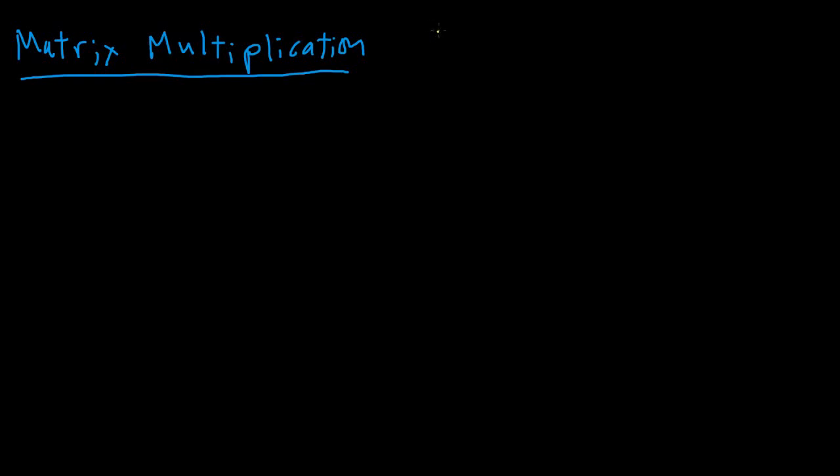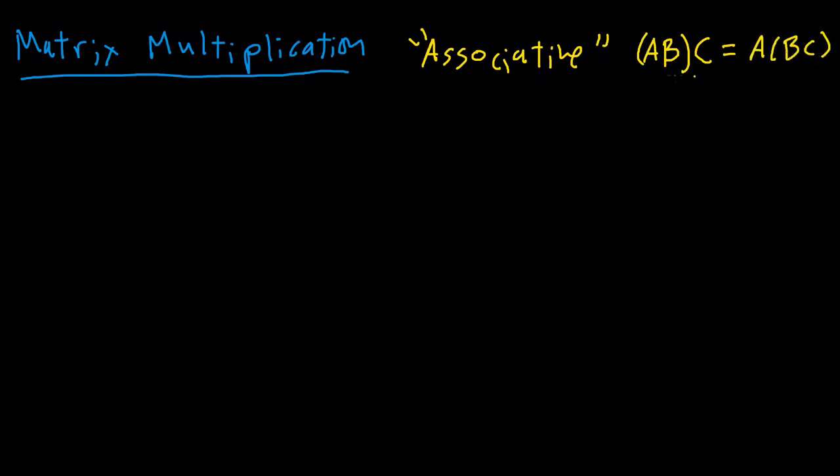Now, the really important thing about matrix multiplication is that it's associative. Associative is just a vocabulary word, which means that if you have three matrices, A, B, and C, that can be multiplied together, assuming they have the right dimensions, then AB times C is the same thing as A times BC.